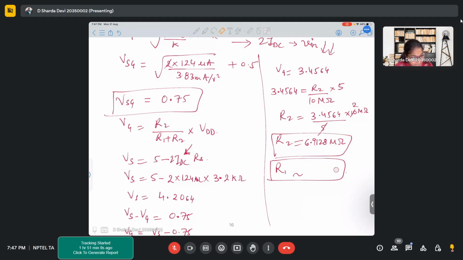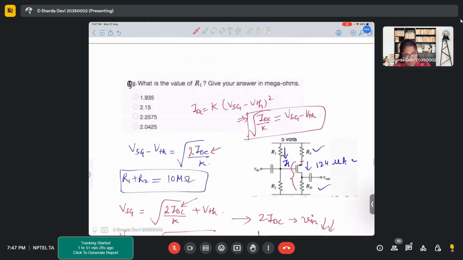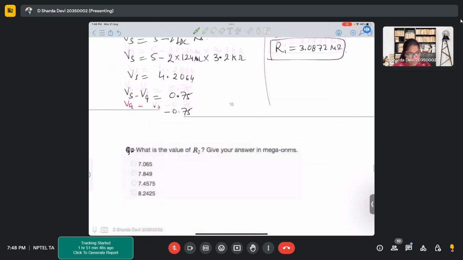And the remaining R1 is 3.0872 mega ohms. This is the result that we are getting considering 2 IDC. So let's write it down. Now let's see if we solve using IDC, how much is the difference that we are getting. So this is with 2 IDC.